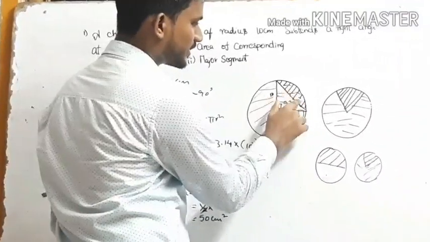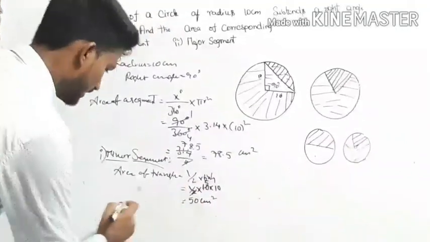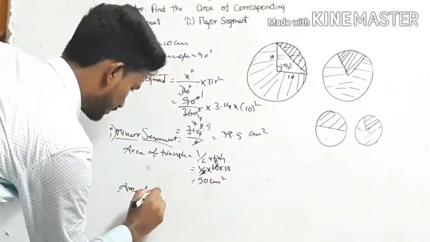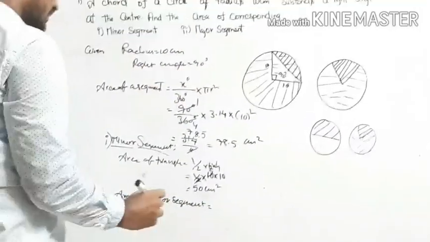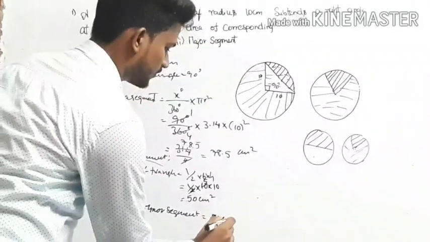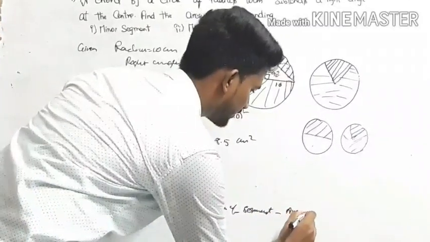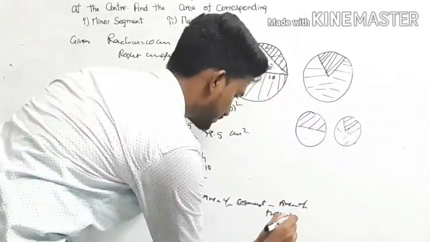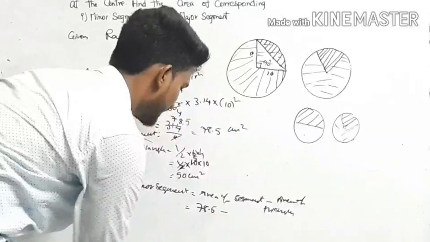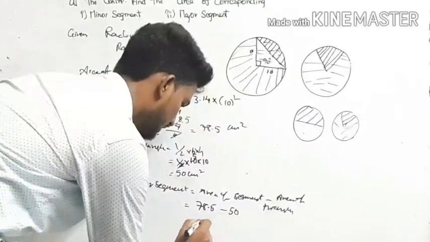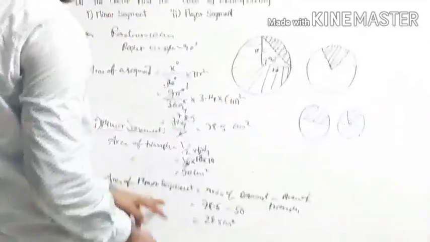Area of minor segment equals area of segment minus area of triangle. That is 78.5 minus 50, which is 28.5 centimeter square. It is the area of the minor segment.